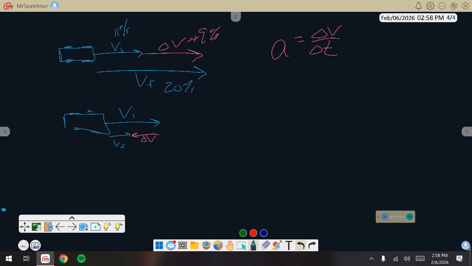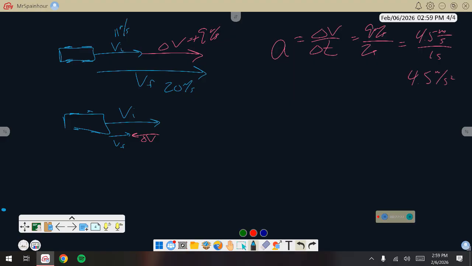If I then told you it took 2 seconds, you could go, oh, I found that the difference is 9 meters a second. It took 2 seconds, and so my acceleration is 4.5 meters per second every second. Or, of course, you usually shortcut that to 4.5 meters per second squared.